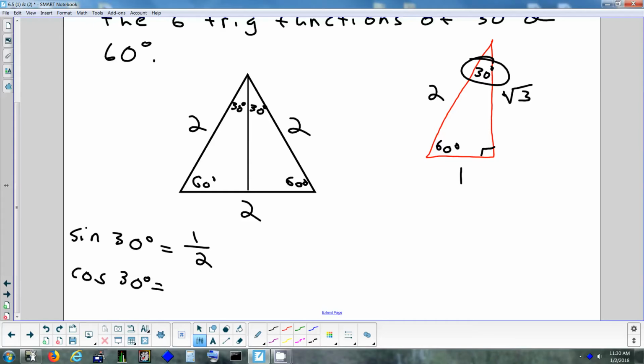I don't know. Do you remember the definition for cosine again? Adjacent over hypotenuse. So what side is adjacent? What side is right next to the 30? Square root of 3 over 2.